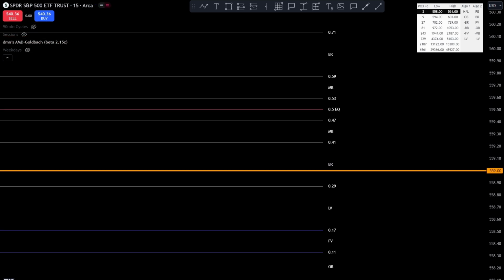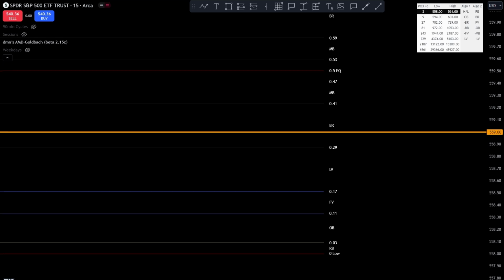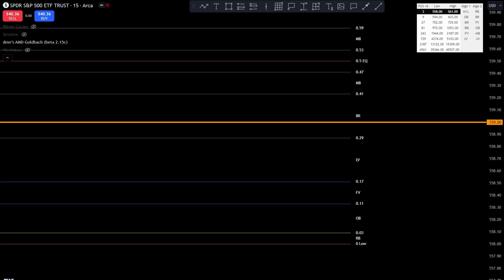Remember, we have my fair value gap level in blue. My order block is yellow to blue. My liquidity void, blue to this gray. All right. I should probably let me know in the comments what color we should use for liquidity void, and I'll show you how to change colors real quick too.